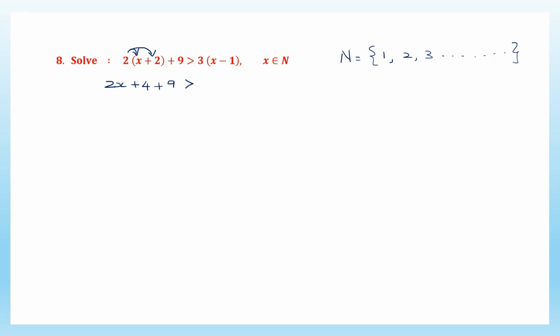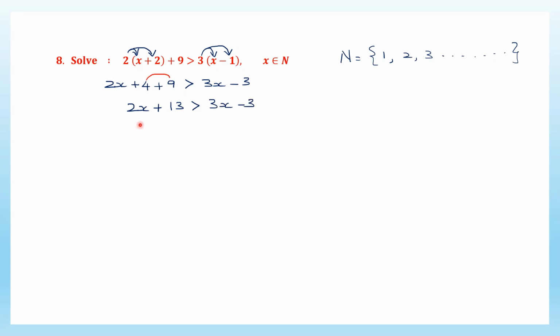Now this is greater than, here also we have to multiply. 3 into x is 3x, and then we multiply 3 into minus 1, which is 3 1s are 3, minus 3. Now here on the left hand side we can simplify this, 4 plus 9. So we get 2x plus 4 plus 9 is 13 is greater than 3x minus 3.